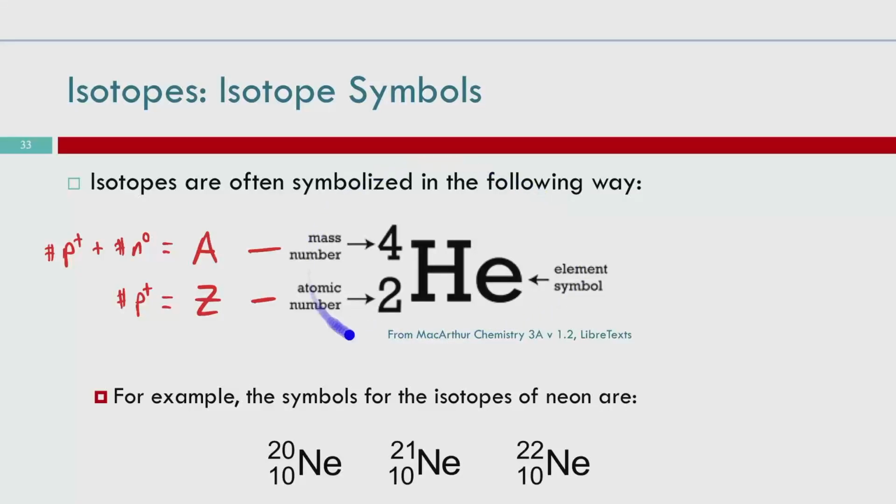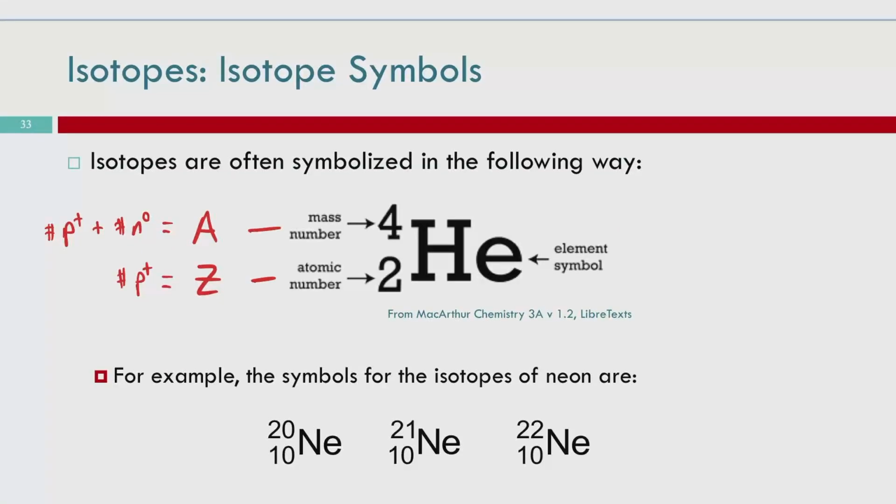So when we're writing isotopes out this way, the element symbol and the atomic number, these 2 things are linked because the atomic number determines the element, which determines the element symbol. So those 2 things always go together. Another thing that I'd like to point out for our mass number and atomic number in these isotope symbols: the mass number is always going to be bigger or equal to the atomic number.